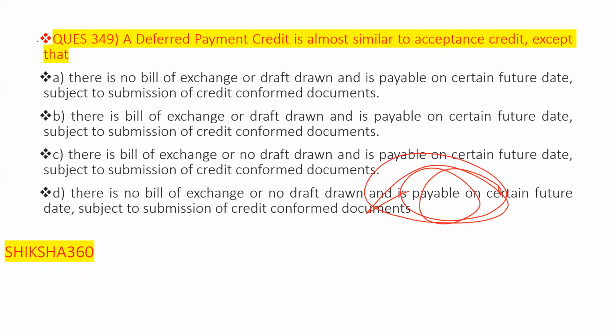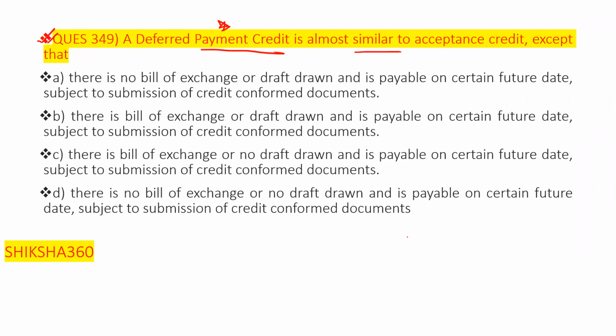Next question, question number 349. A deferred payment credit is almost similar to an acceptance credit, except that you are giving the payment after a specific time.